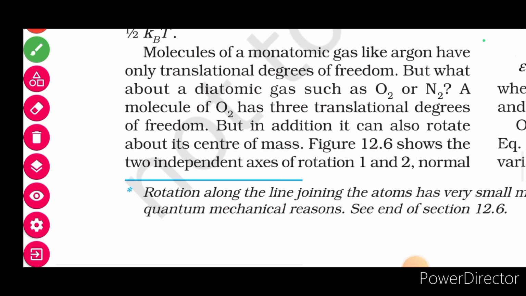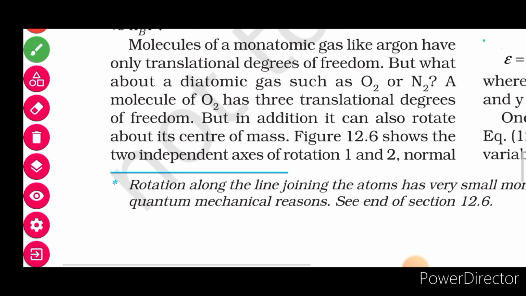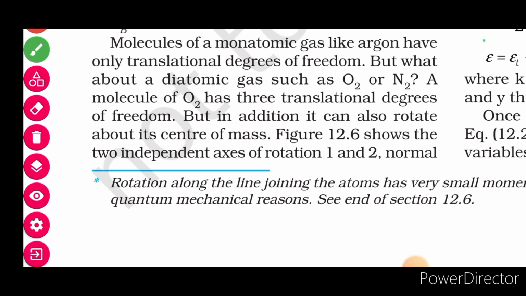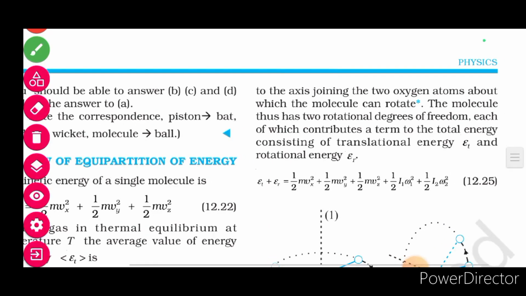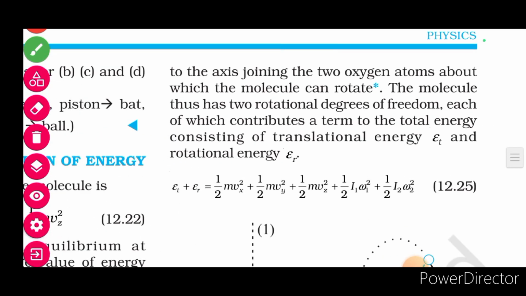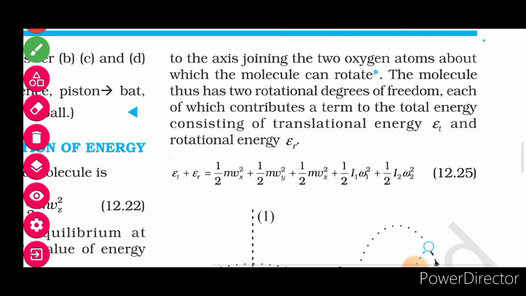A molecule of O2 has 3 translational degrees of freedom, but in addition it can also rotate about its center of mass. The figure shows the 2 independent axes of rotation, 1 and 2, normal to the axis joining the 2 oxygen atoms, about which the molecule can rotate. This is shown in the diagram. The molecule thus has 2 rotational degrees of freedom, each of which contributes a term to the total energy, consisting of translational energy epsilon t and rotational energy epsilon r.